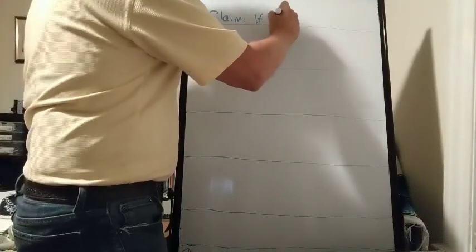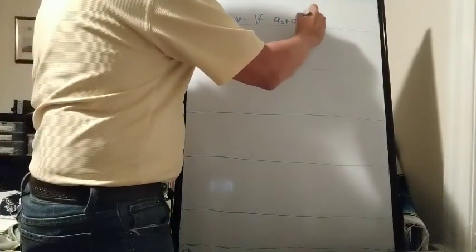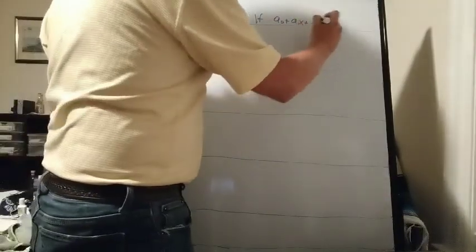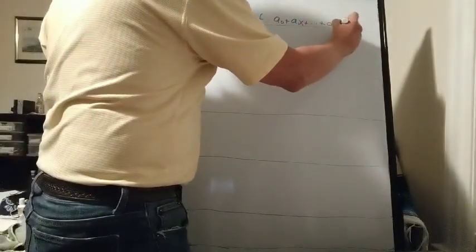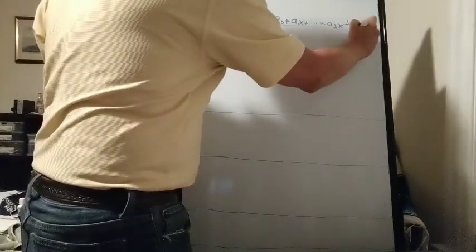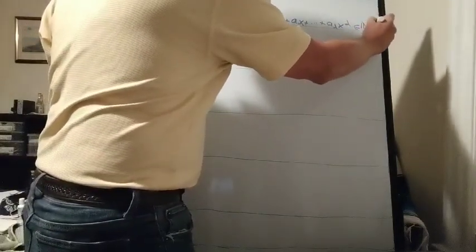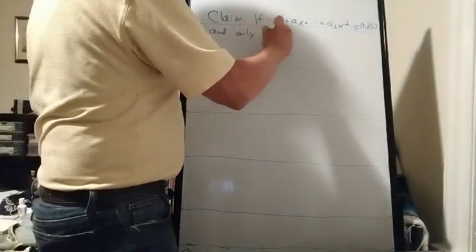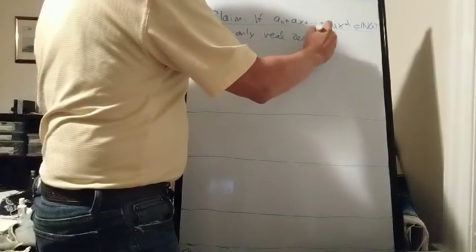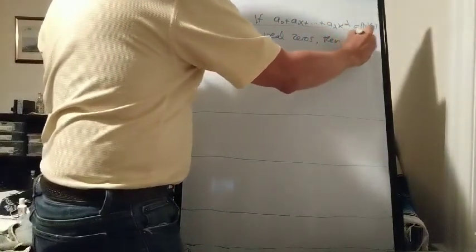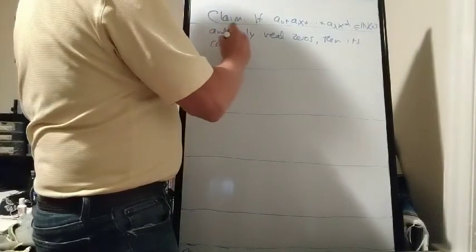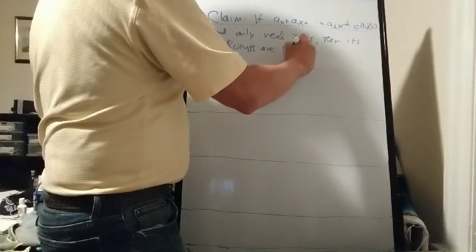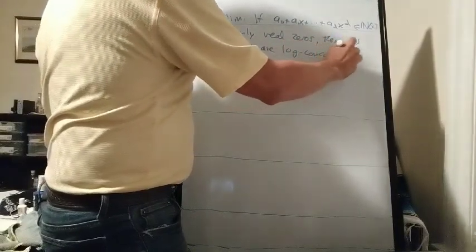So if we have a polynomial a0 plus a1x plus, let's say it has degree d, that has non-negative integer coefficients and only real zeros, then its coefficients are log concave.